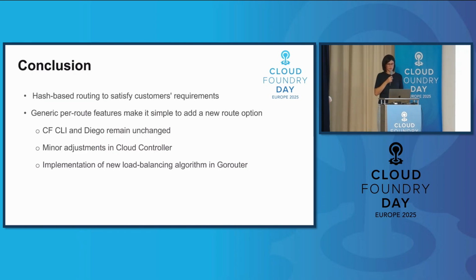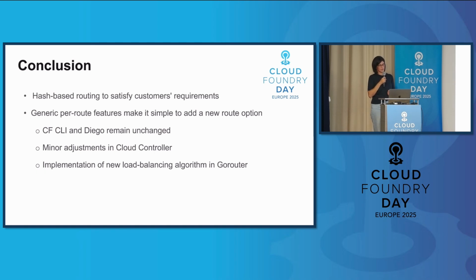To summarize our talk, hash-based routing can satisfy customer requirements in scenarios that rely on limited resources in a backend service, like database isolation per tenant, or extensive but cacheable per-user data.